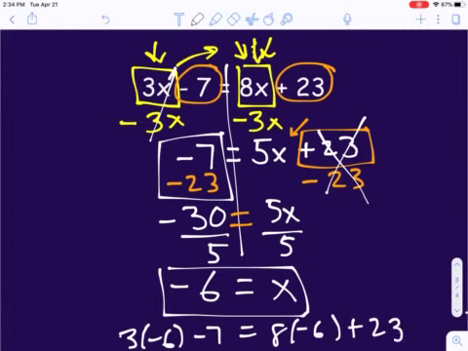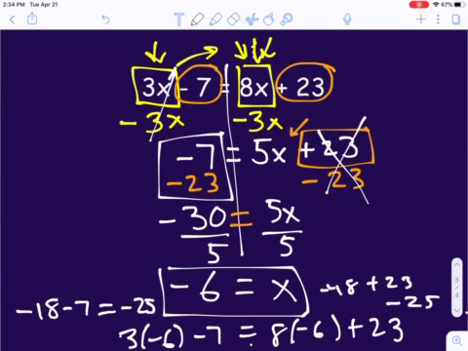Well, if we simplify those, we get negative 18 minus 7, which equals negative 25 on this side. And then on this side, you get negative 48 plus 23, which is also negative 25. So you get the same thing on both sides. That's an equality, and that's what we want. So x equals negative 6, and this is our final answer.